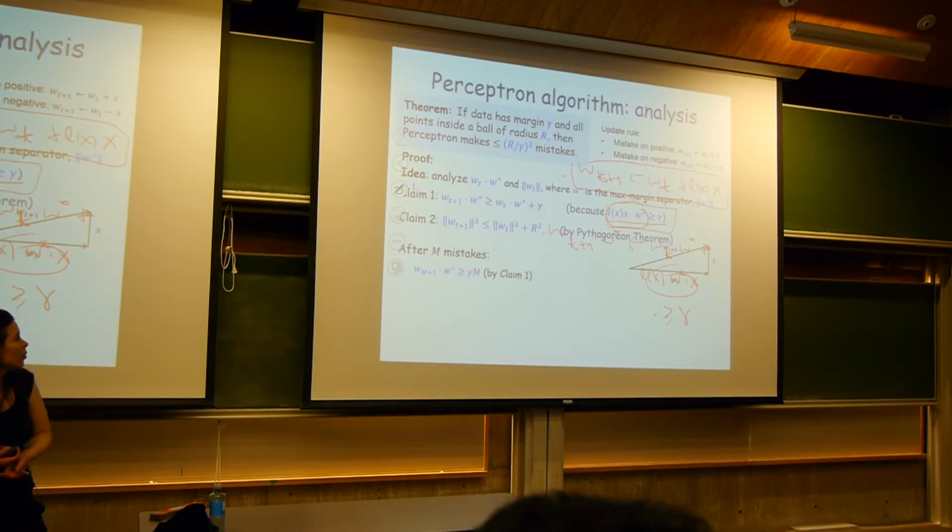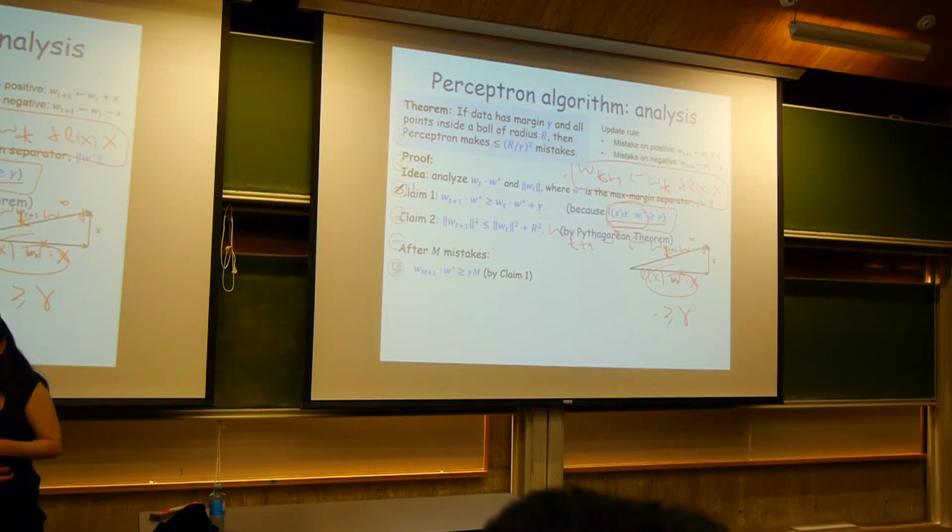So after m mistakes, the dot product between w_{m+1} and w star is lower bounded by gamma times m.